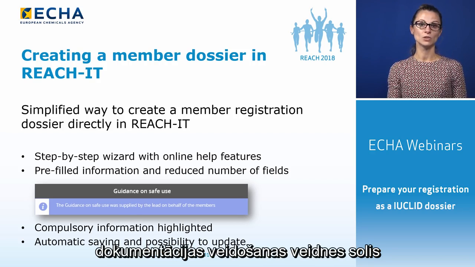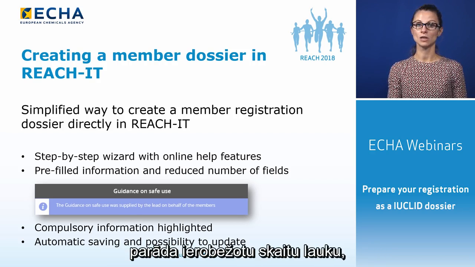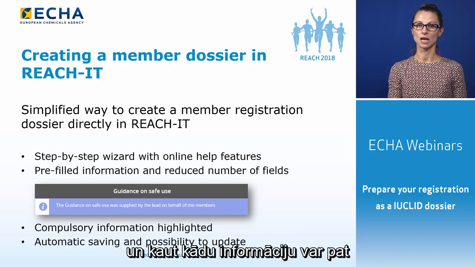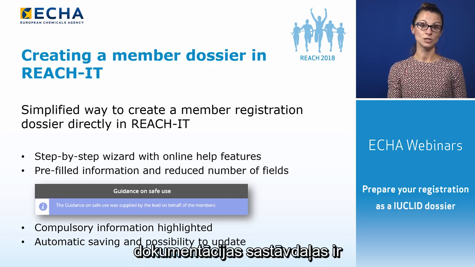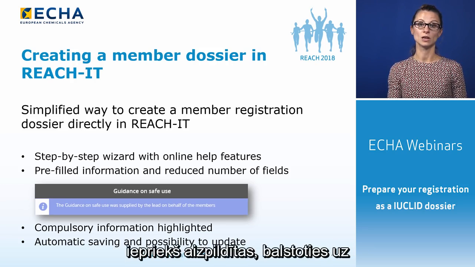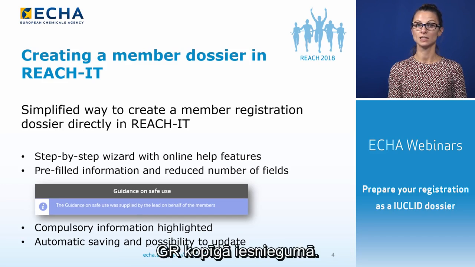Each step of the dossier creation wizard displays only a limited number of fields, and some information might even be pre-filled. For example, the main constituents in the dossier are pre-filled based on the identity of the substance, which has been indicated in the joint submission by the lead.